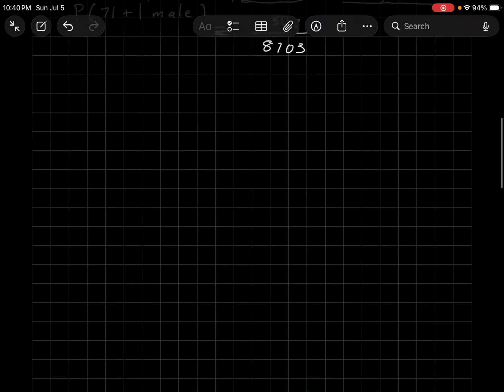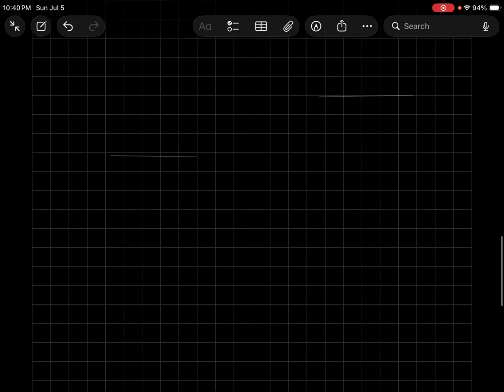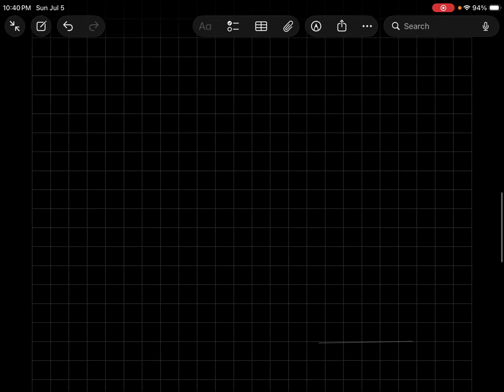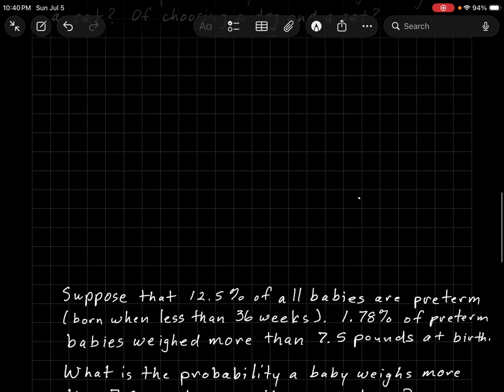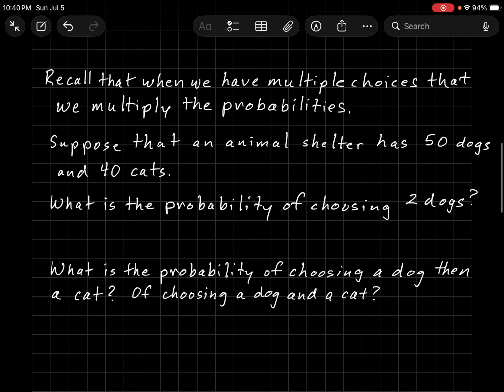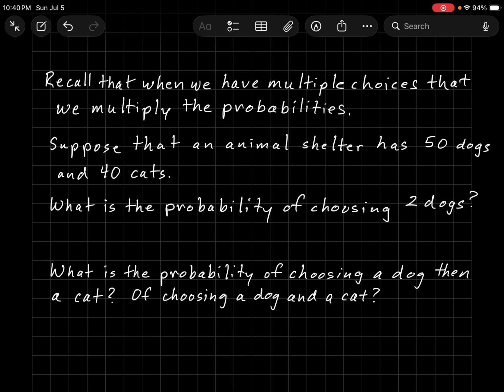Now, a lot of problems in probability aren't chart problems. They're just some word problems like this. And let me remind you from a previous video that when we have multiple choices, multiple things or events, we're going to multiply probabilities.